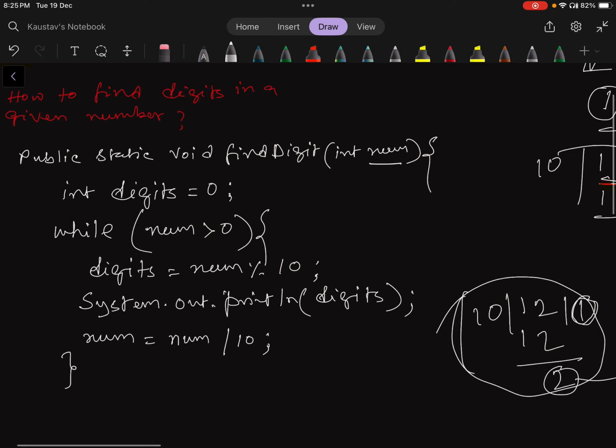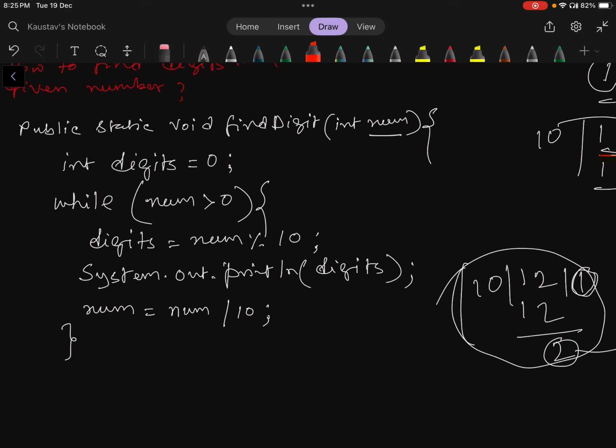That's it. This is the logic. We need to understand this logic. Very important question, if you understand it very carefully, how we are finding the digits in a given number.